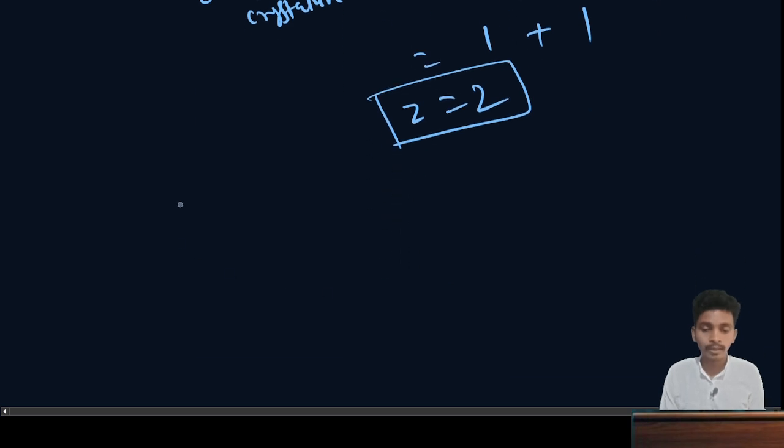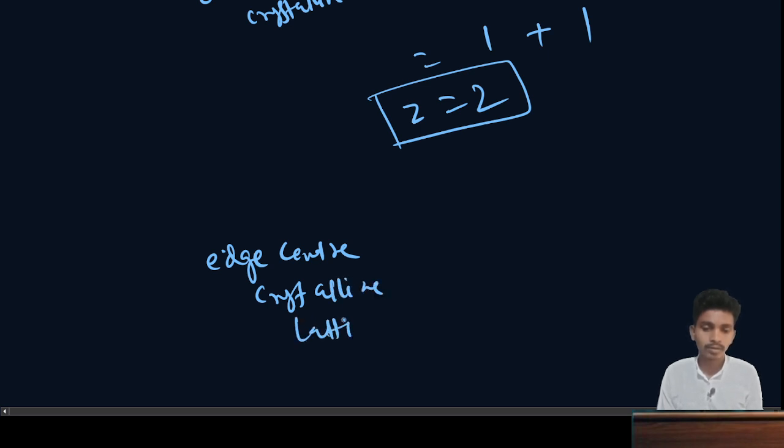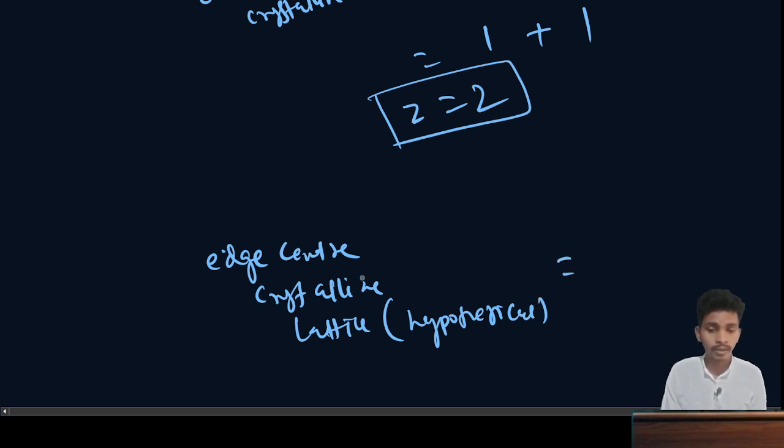Okay, similarly for edge center crystalline lattice. Okay, this does not exist, this is hypothetical. So for edge center, corners are 8 into 1 upon 8, plus edges are 12 and the contribution is 1 upon 4.